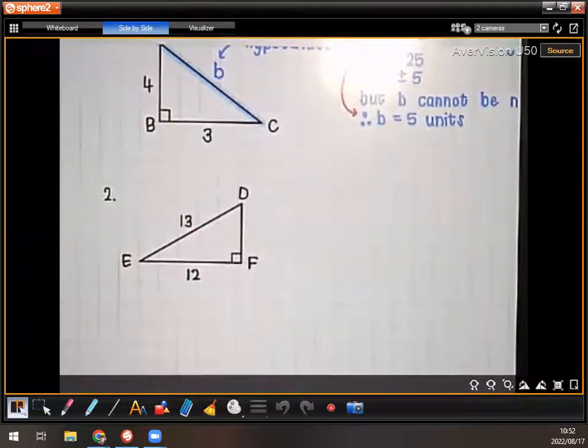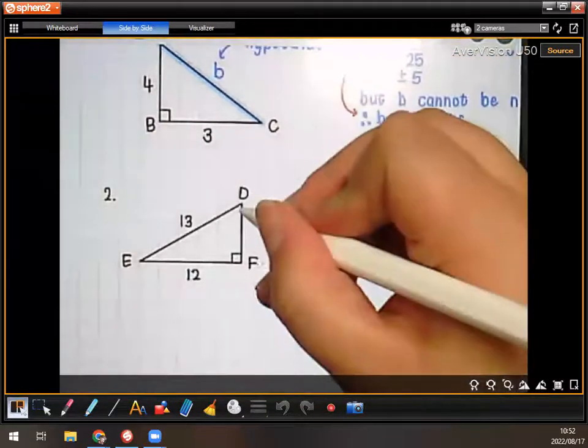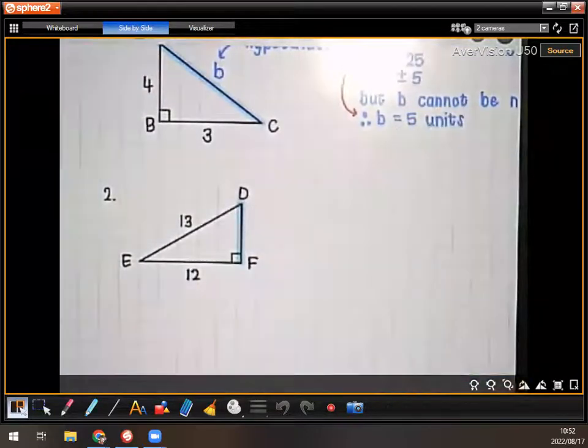So let's remember we must be able to square and we must be able to square root. Okay, so now we need to find side DF. So when you're done copying this triangle down, just highlight that side.